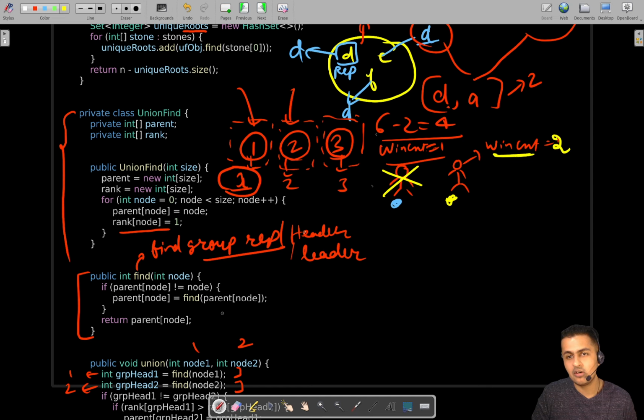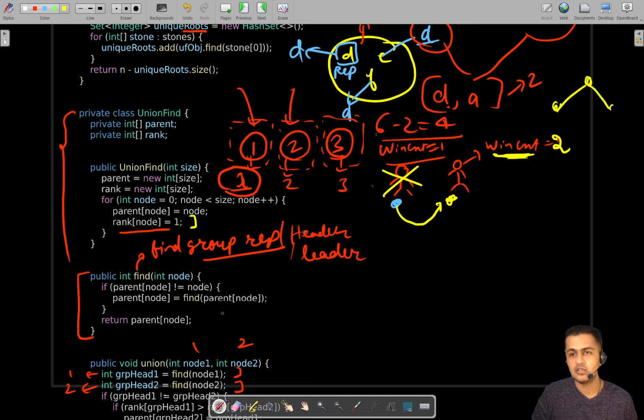In a way, win count is just that: in a fight, how many wins it has got. Initially we have set everyone's win count to 1. The higher the win count, the more likely it is that the blue one will surrender to this one and become a part of the yellow one's group, in which the yellow one will be the group leader. This is what we are doing in order to prevent a situation like this.